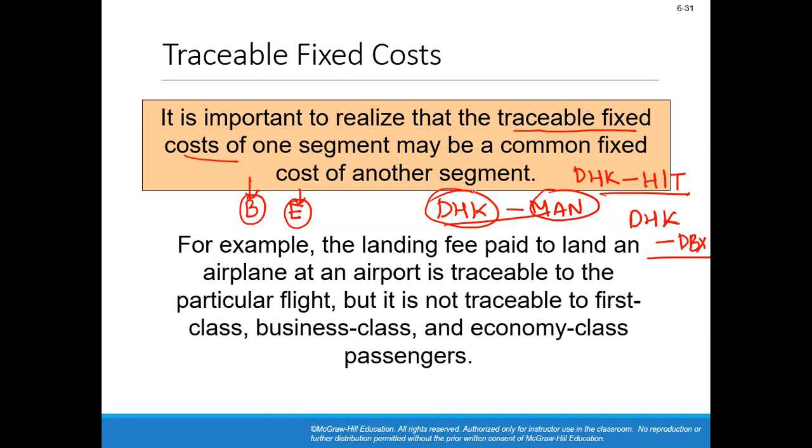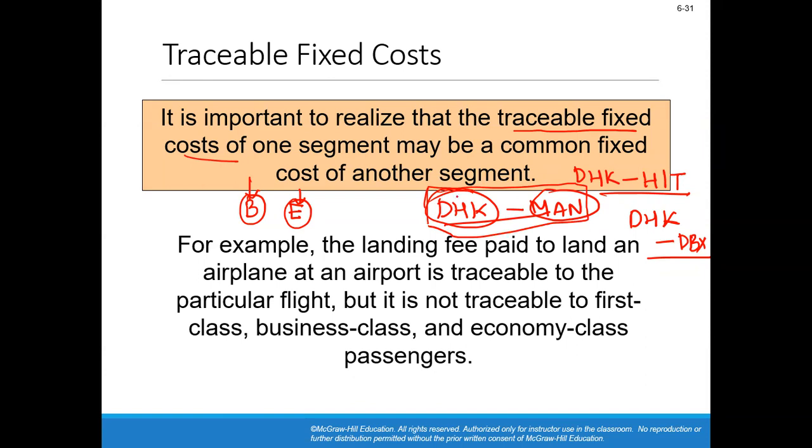But you see, the landing fee I mentioned, paid to the Dhaka airport and the Manchester airport for operating flights on this route, is a traceable fixed cost for the Dhaka-Manchester route segment.